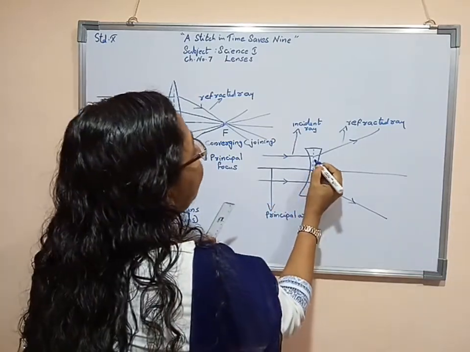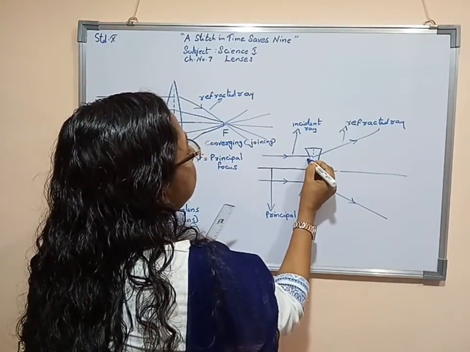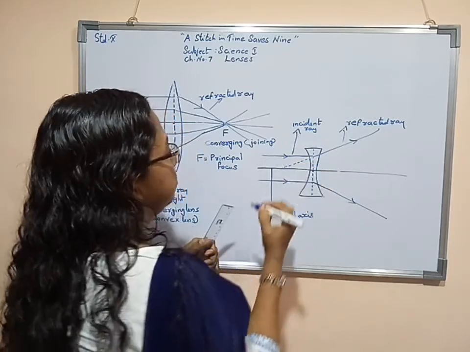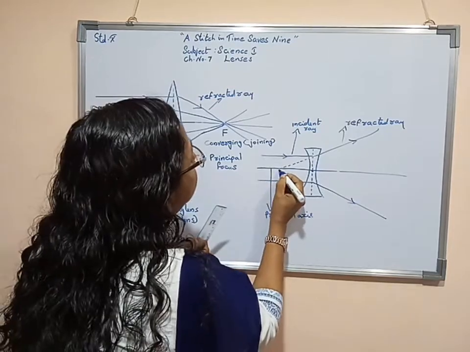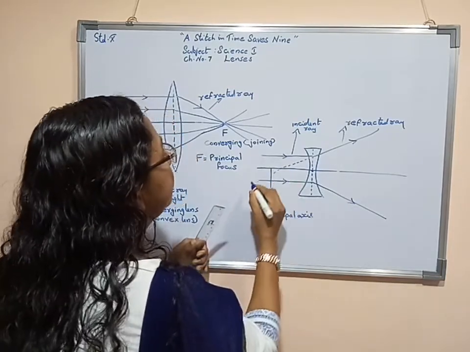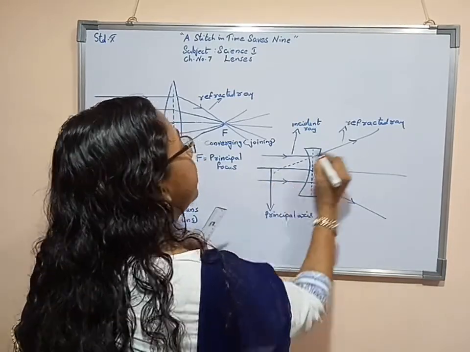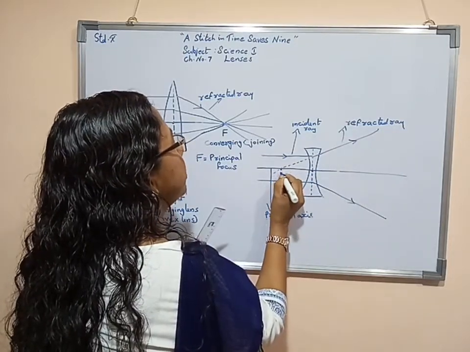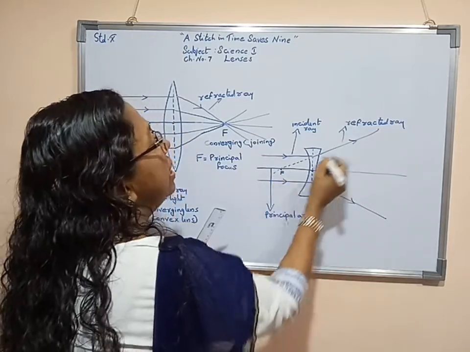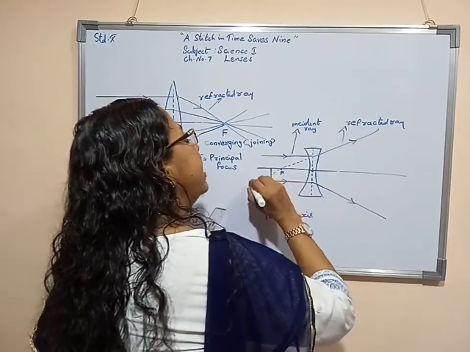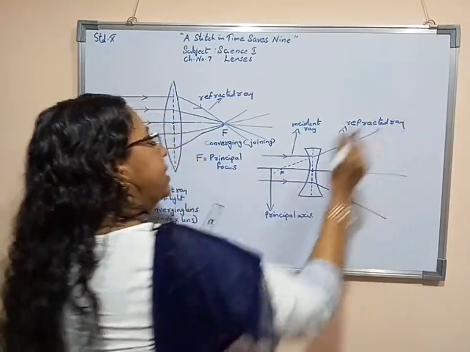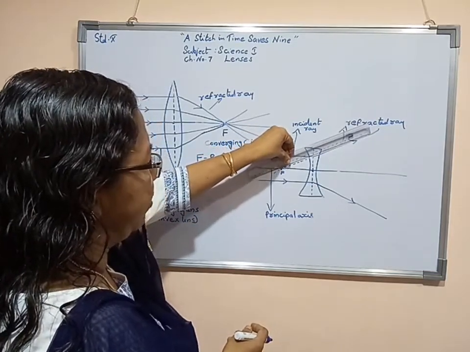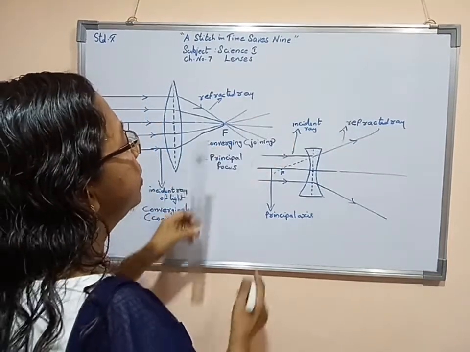Now if we develop them backward, or just imagine we draw a line through here, that means through the principal focus, then this line will appear straight. If we join from here that way, we will feel that it is a straight line.